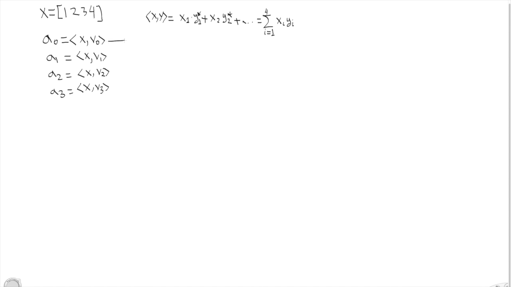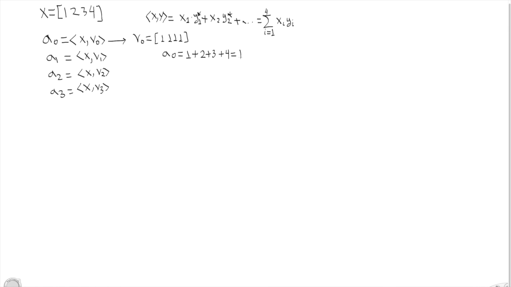Now the first one is pretty simple, because the first vector is simply going to be what's called the constant frequency, or the constant vector 1, 1, 1, 1. And when you calculate the dot product of x with V0, you're going to get that A0 is the first coordinate of x times the first coordinate of V0, so 1 times 1 plus 2 times 1 plus 3 times 1 plus 4 times 1, which is equal to 10.